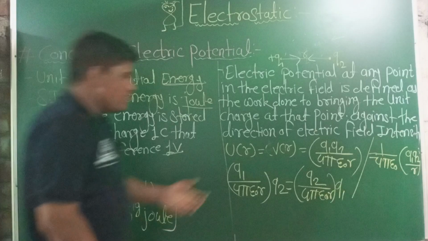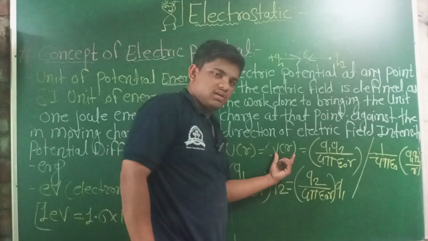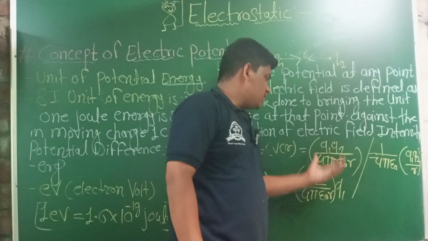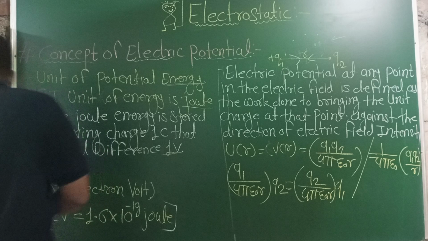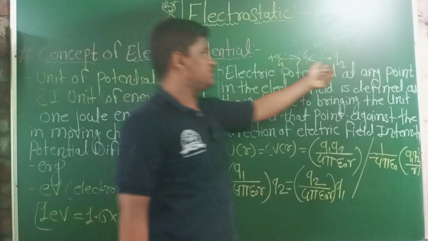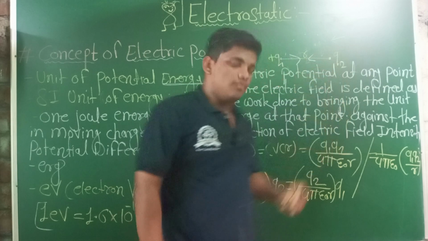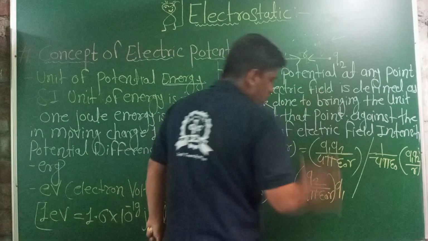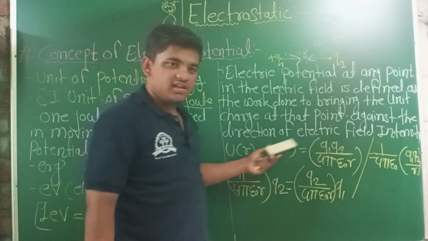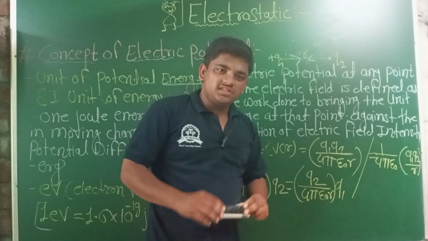Then the quantity V of R must be constant for a unit separation distance. The quantity depends on the charge Q, because if Q changes, the numerator of that potential energy or electric potential must change.